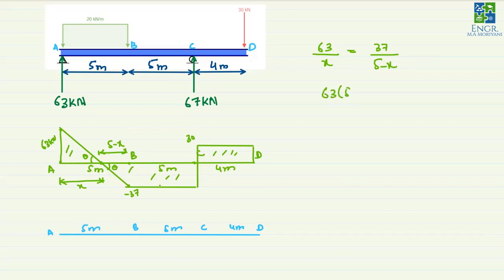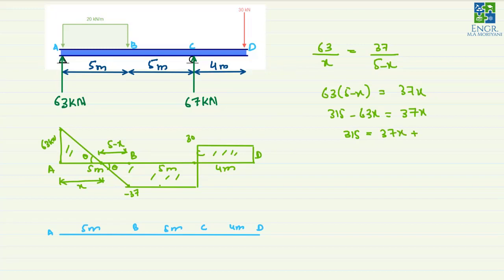Now if we solve this, we will find the value of x. This will be 63 multiplied by 5 minus x, equal to 37x. So 63 multiplied by 5 is 315, minus 63x is equal to 37x. Let's move that to the right side.